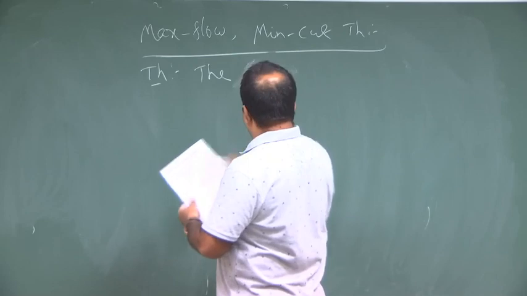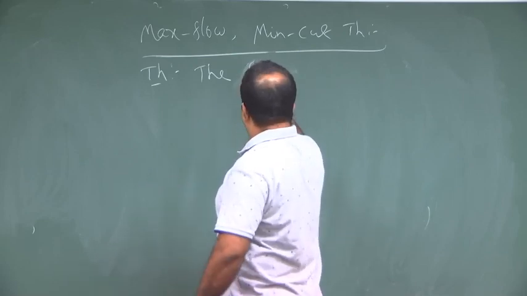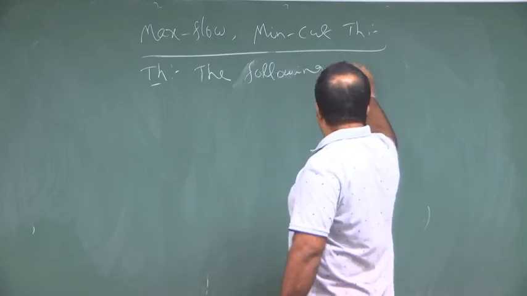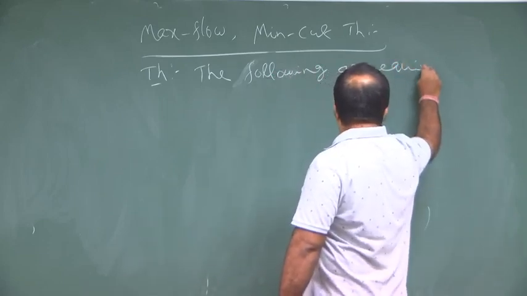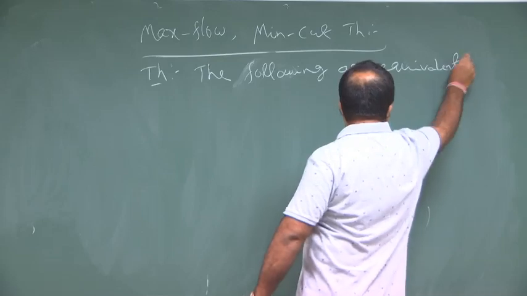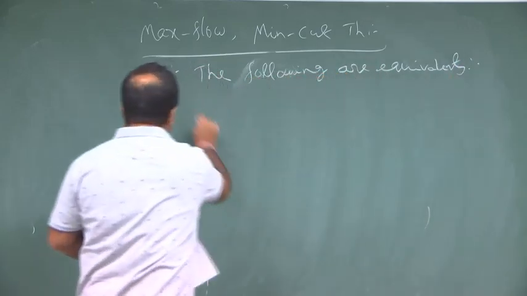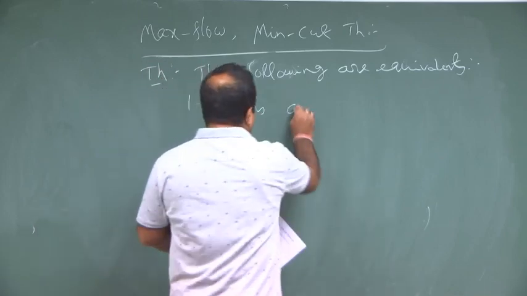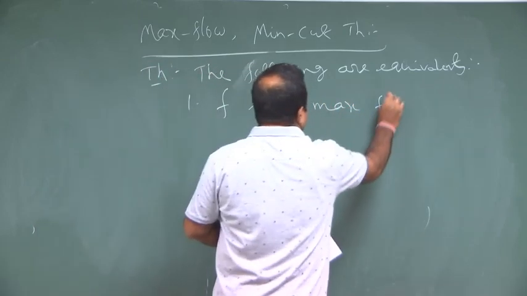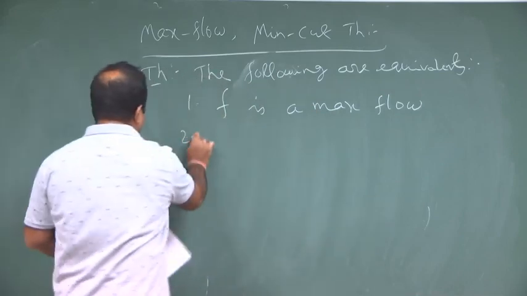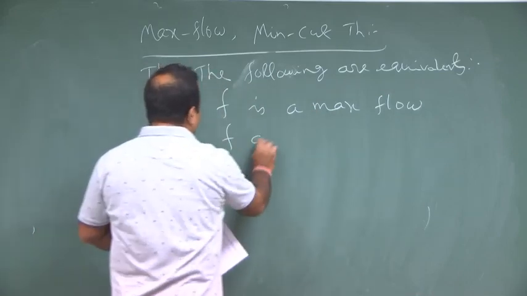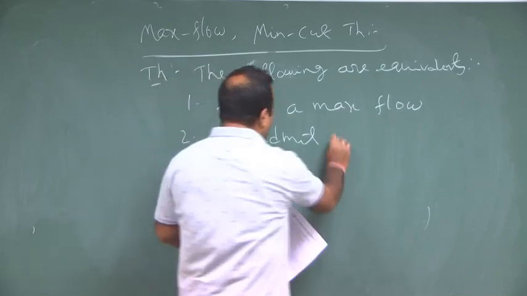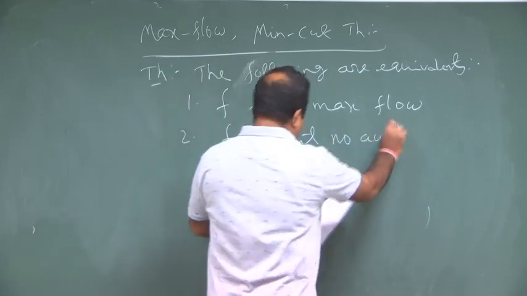If f is a max flow, then f admits no augmenting path.